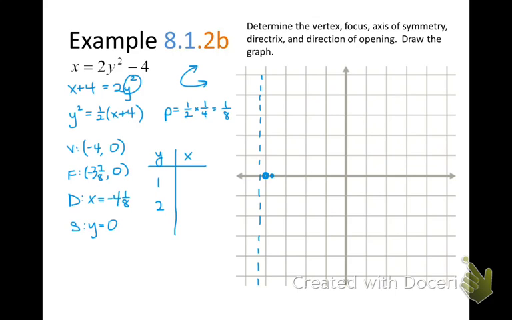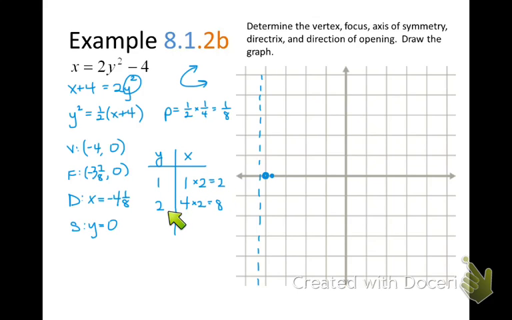Still has that same pattern where it's 1, 4, and you're still going to multiply by the reciprocal of your coefficient. So what is the reciprocal of this coefficient? 2. So I will be multiplying each of these guys by 2. So this means that when I go vertically 1 in either direction from my vertex, I'm going to go horizontally out 2.